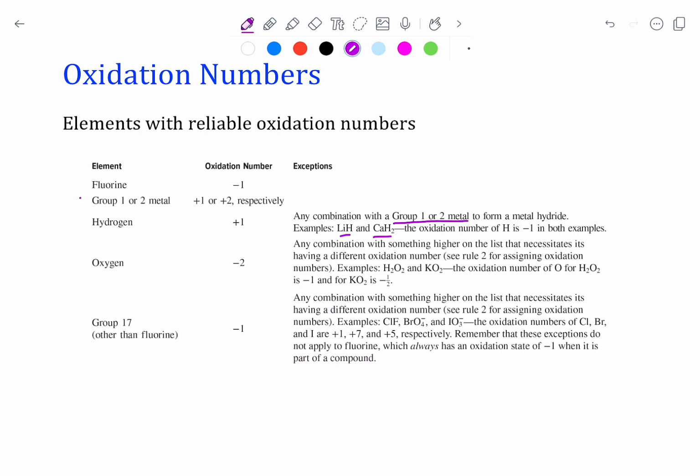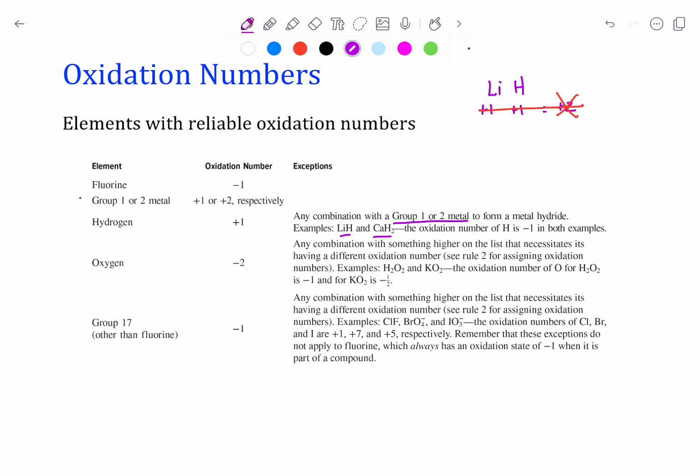So this is kind of like a hierarchy. Fluorine is going to be the top one. Then you have group 1 or 2. So when we have LiH, the oxidation number of lithium is +1. The oxidation number of hydrogen can't also be +1 because that would sum to a charge of +2. The charge of LiH is not +2, so that is incorrect.